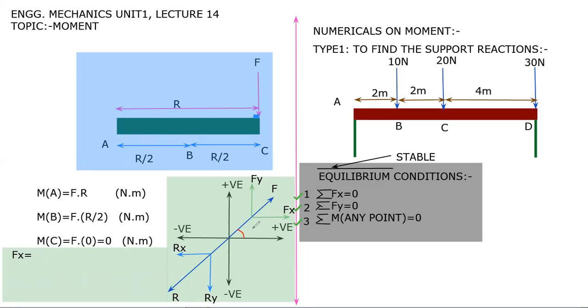This angle will again be theta. Both angles are different, but you can consider this as theta 1 and this as theta 2. So both angles are given now.